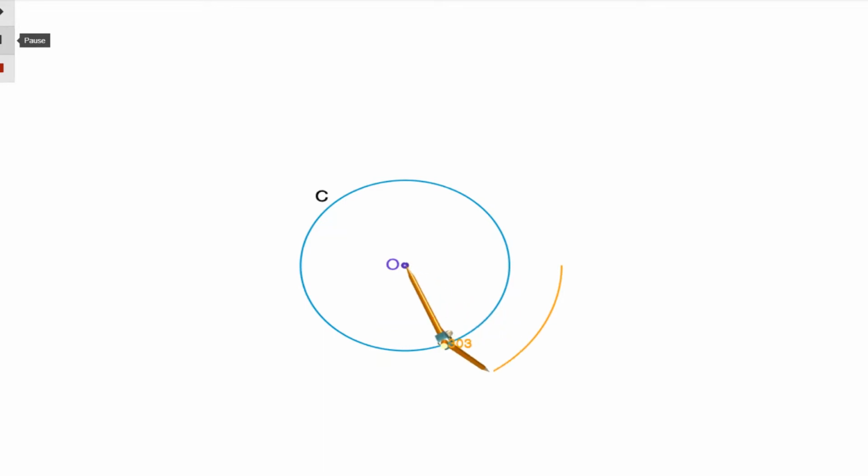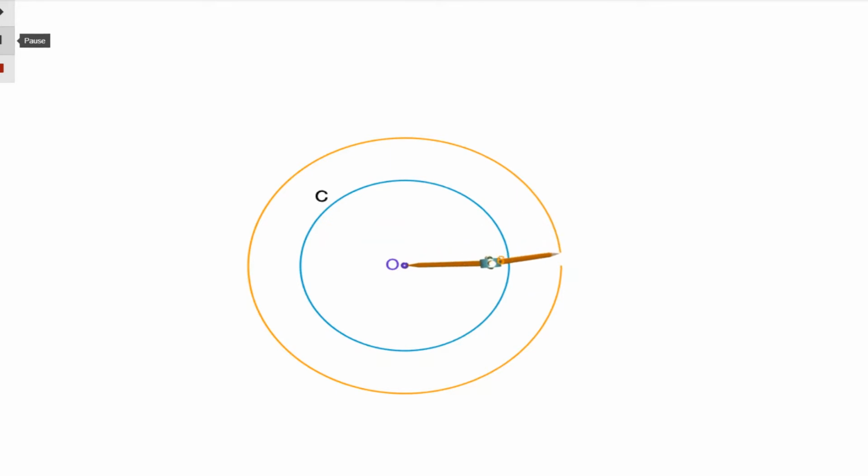So same center and radius more by 2 cm, means radius 6 cm. We have drawn another circle, and we mark it as C dash.